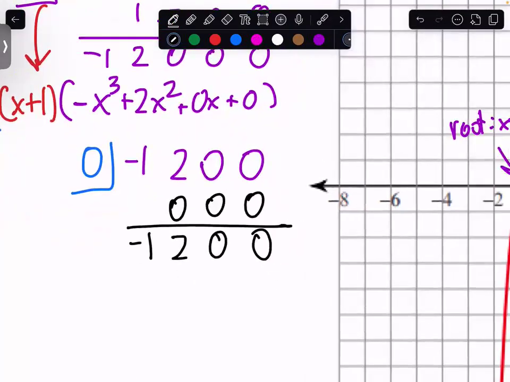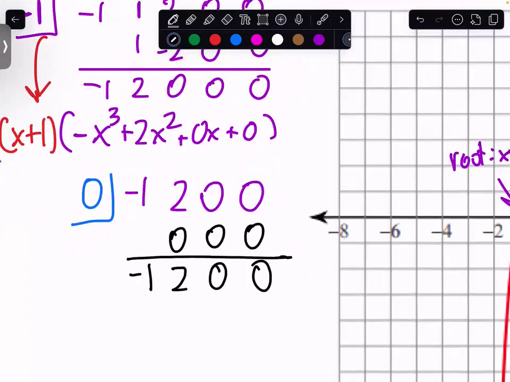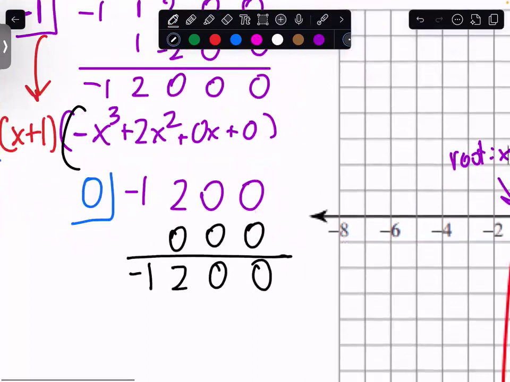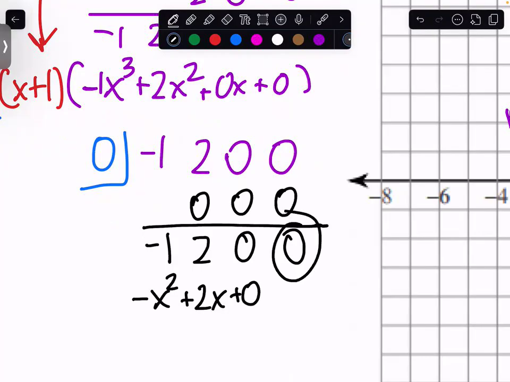A -1, right? From right here, that's where I got the -1 from. Okay, good. So this bottom row, again, we started with x cubed, so this gets knocked down to x squared. This is 2x, right? No constant, or the constant is plus 0 if you want. And then no remainder.